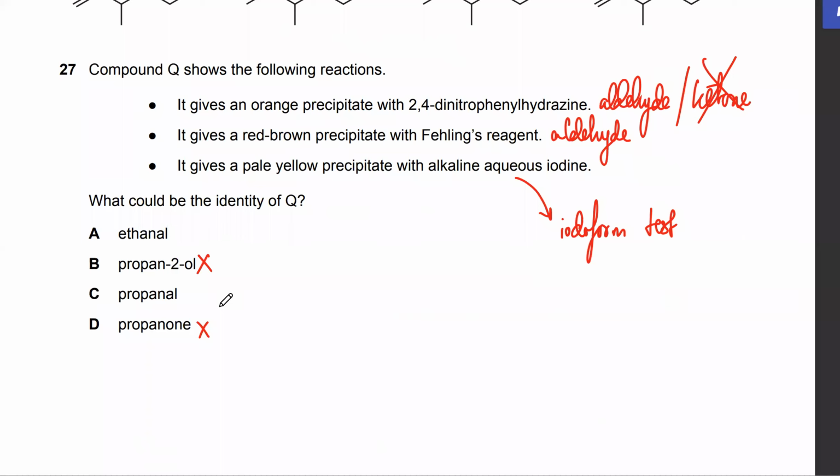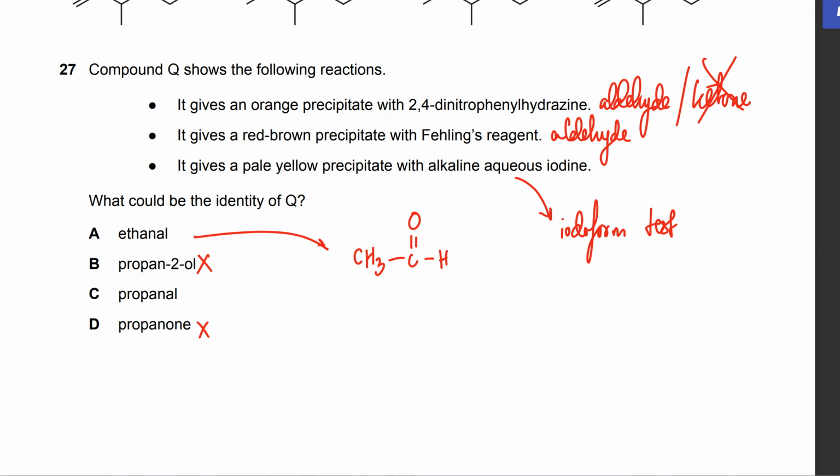So is it ethanal? If I draw ethanal, it is CH3 and C double bond O and H. And propanone is this thing. Sorry, propanal, not propanone, because it's an aldehyde.